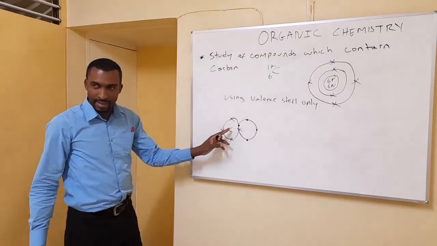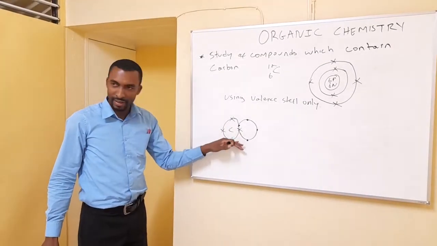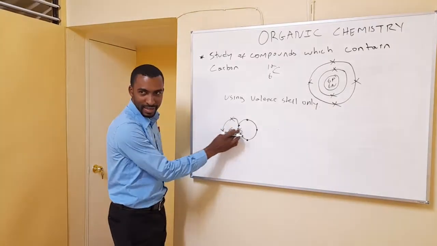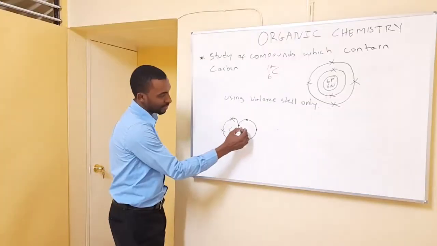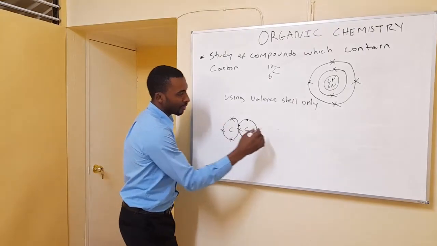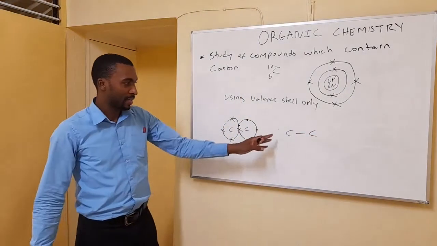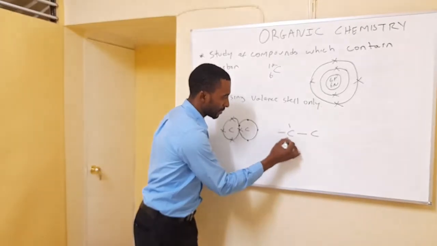We're not going to use the dot-cross diagram when we're talking about organic chemistry. This bond is a covalent bond between a carbon atom and another carbon atom. We're going to represent it as C-C, and we call it a single bond between carbon atoms.